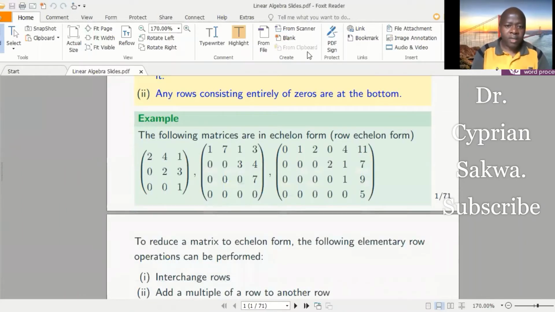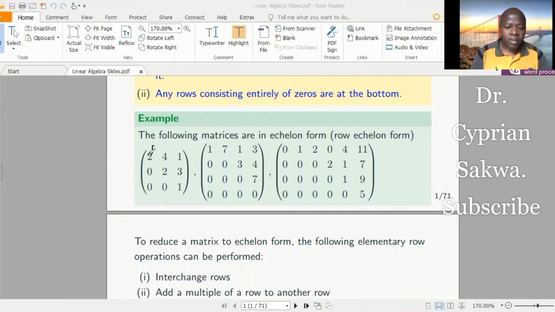Now, these three matrices that we're seeing here are in echelon form. I just want to use them to illustrate the two properties. This is a non-zero row, and the first non-zero element in this row is 2.